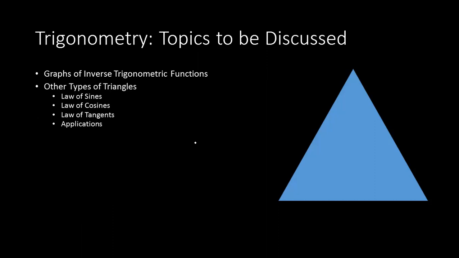Here we have another topic that talks about other types of triangles. All right. If we discuss right triangles, how about the other types of triangles? So here it involves the law of sines, law of cosines, law of tangents, and then the applications of using these techniques, or rather these subtopics.